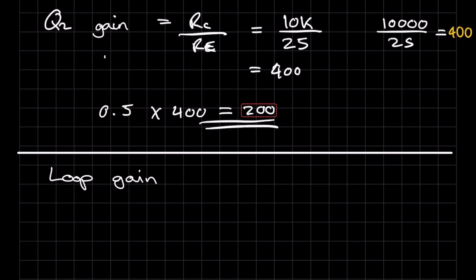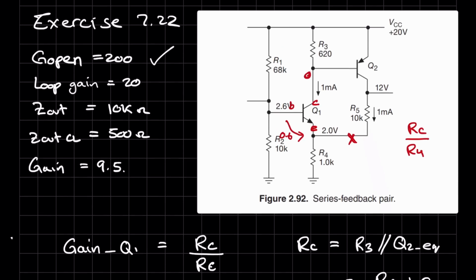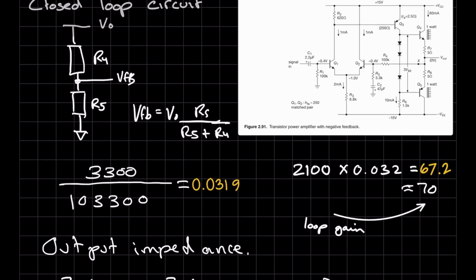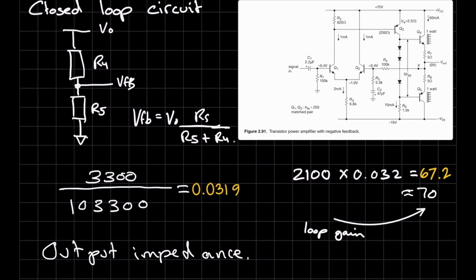Next, we need to find the loop gain, which is basically equal to the feedback factor times the open loop gain. So we have already found the open loop gain over here, and the feedback factor for this circuit is basically 1 kilo ohm over 10 kilo ohms here, very similar to the calculation that we did for this part over here.